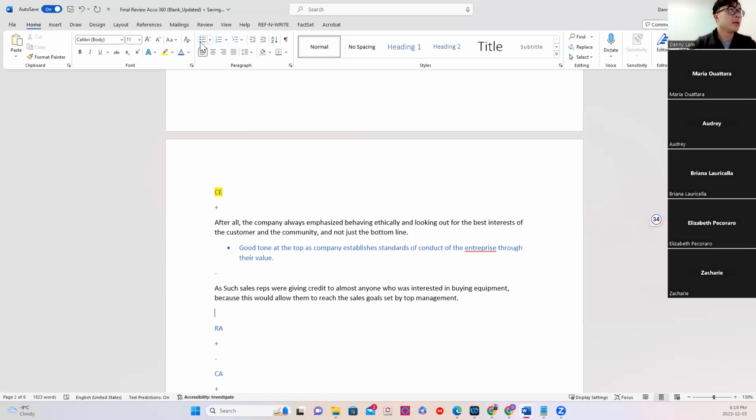And what would you say, Elizabeth? I would say, because this is a control environment, that pressures to perform in revenues led the employees to be more lenient with credit limits.